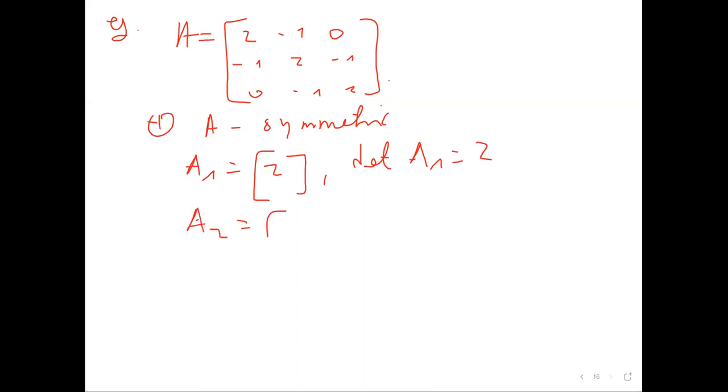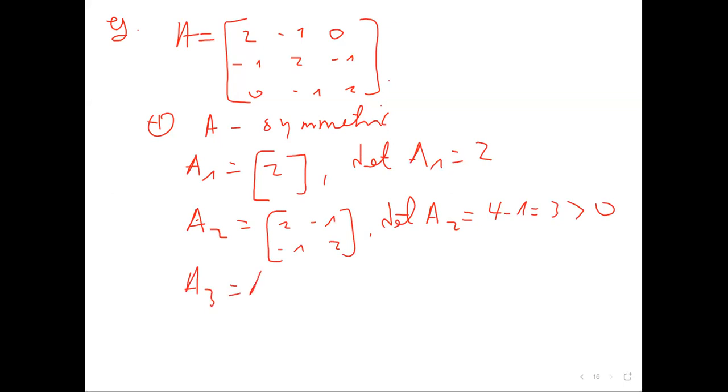A2 is 2, minus 1, minus 1, 2, and the determinant of A2 is 4 minus 1, which is 3, greater than 0. And A3 is the matrix itself, and we can also see that the determinant of A3 is equal to 4, which is positive.